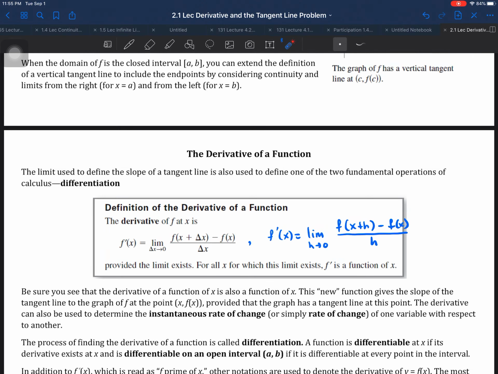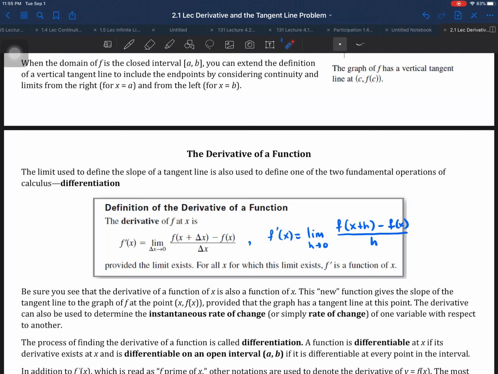then what we are creating here is not just finding the slope at that single point, but actually finding a formula. What you're creating is a function, and you can think about that function as a formula that will give you the slope of the function at any value of x.